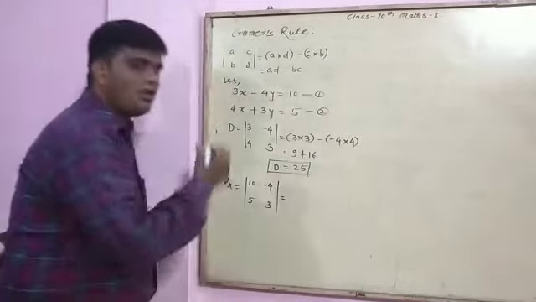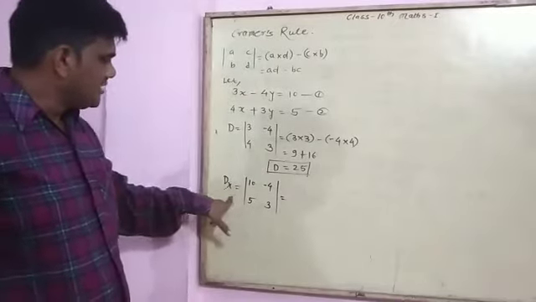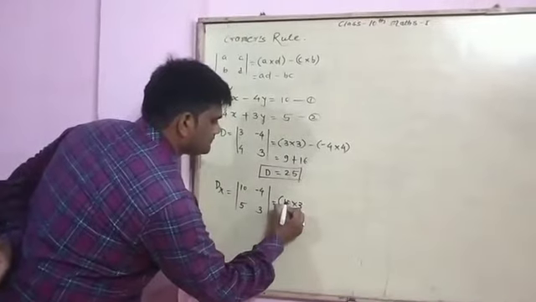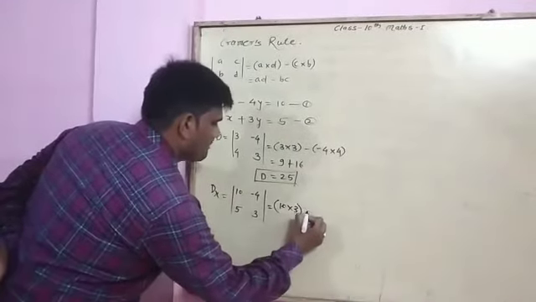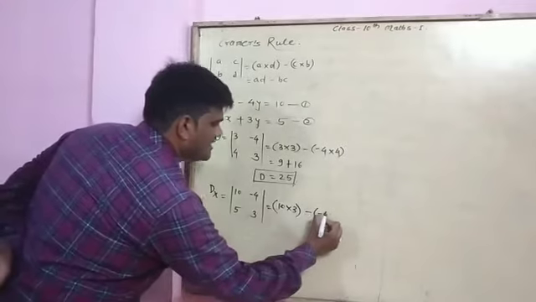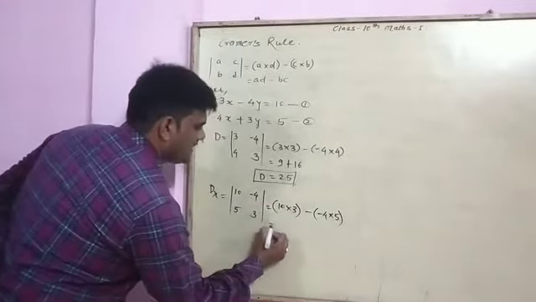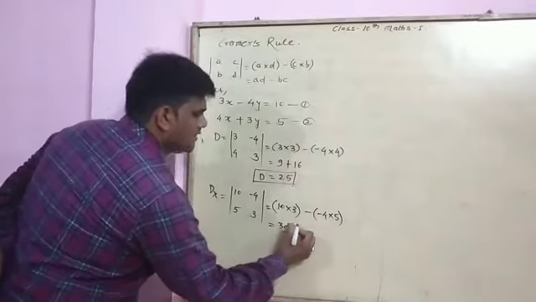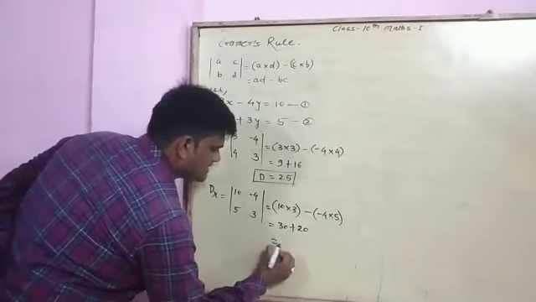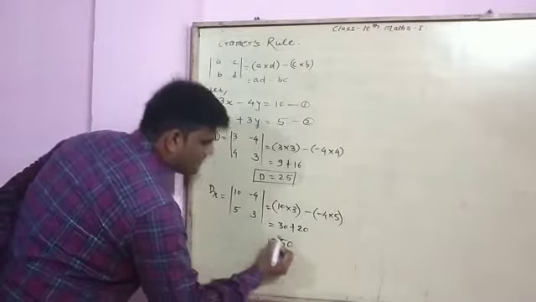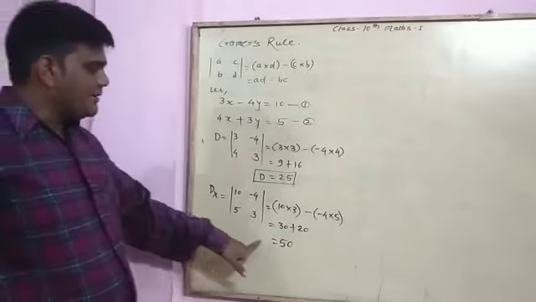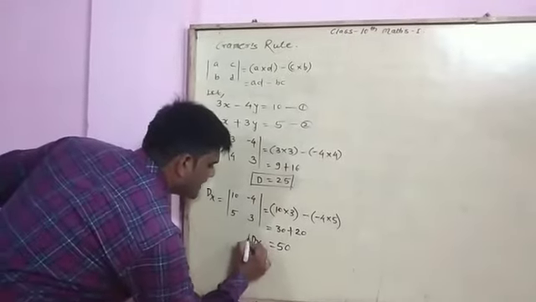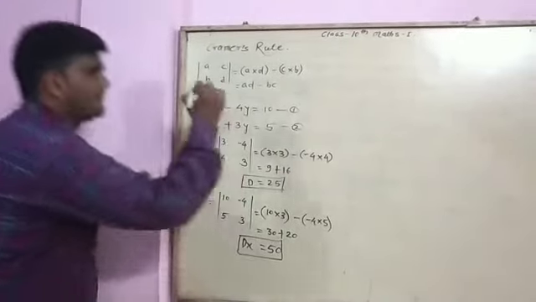Then you solve: 10 into 3 minus minus 4 into 5. 10 3s are 30, minus into minus is plus 20. 30 plus 20 is equal to 50. So Dx equals 50.